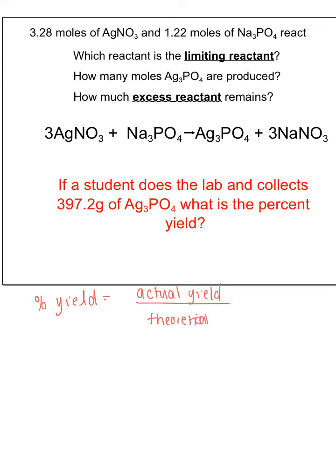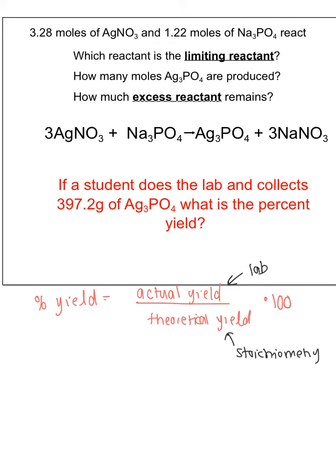And we multiply that by 100 to make it a nice percent. So when I say actual yield, I'm talking about what he collected in lab. Theoretical yield is the answer from stoichiometry. So when we do the BCA table, what's our answer?